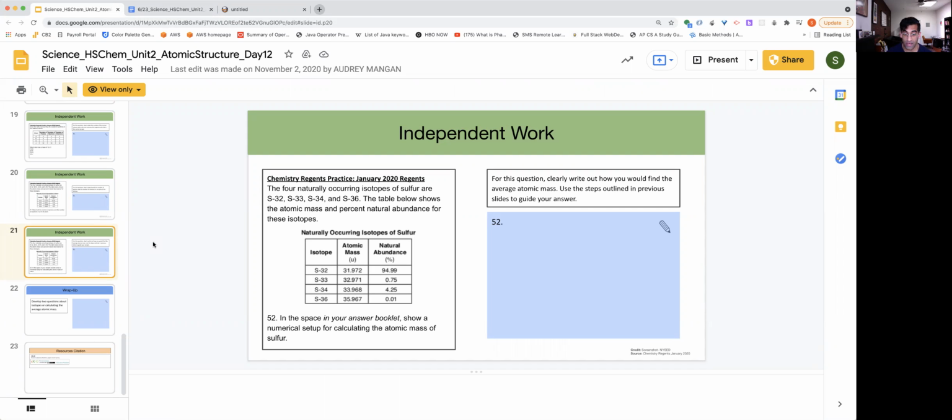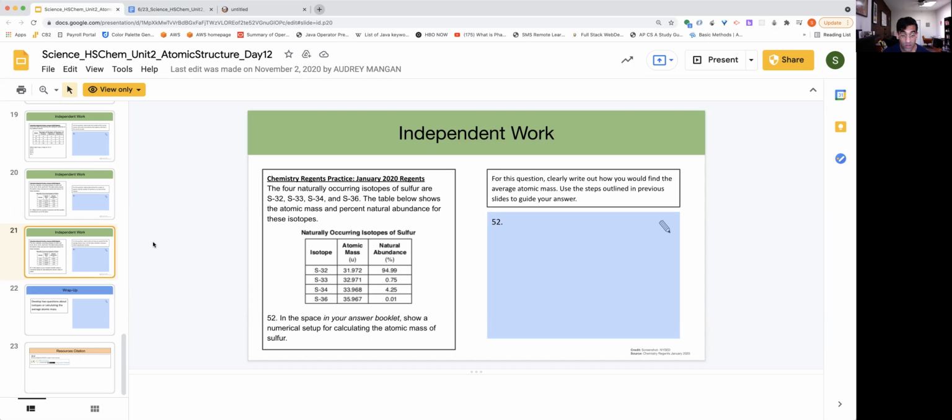Each one has a different natural abundance, and each one has a different atomic mass, all right? And those atomic masses are a little bit more complicated than the ones that we used, because they actually have these decimal values instead of a straight up mass number like 63 or 65 like we had in the previous problem. But the setup is the same.